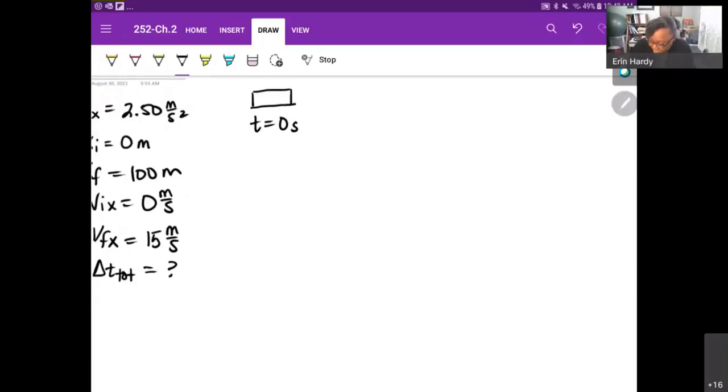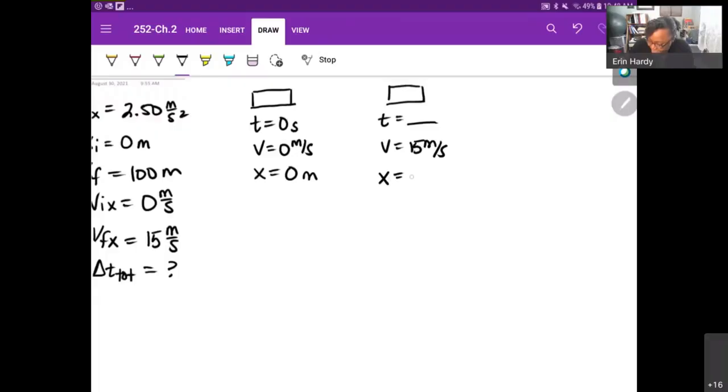So at t equal to 0, my rectangular sprinter is at 0 meters per second. The race hasn't started yet. They are at the beginning, so x is equal to 0. At some later point in time, the sprinter is going to be moving at 15 meters per second. So v, let's make that a better looking v, v is 15 meters per second.